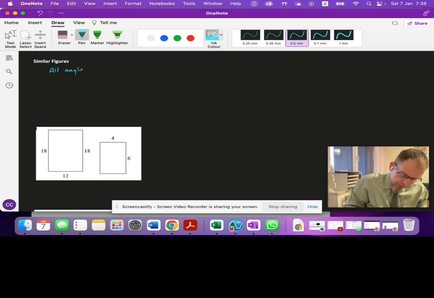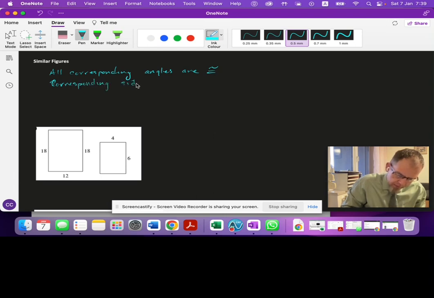all angles are, sorry, not all angles. Let's write this as all corresponding angles are congruent and corresponding side lengths have the same proportion.